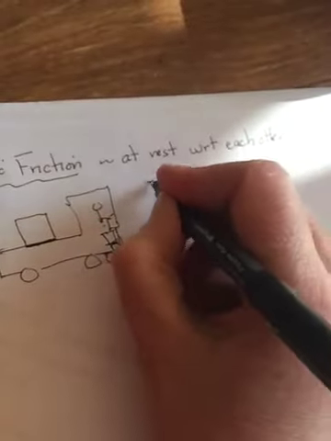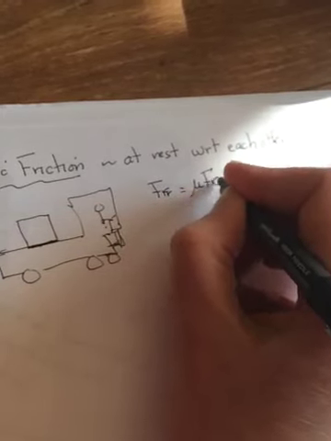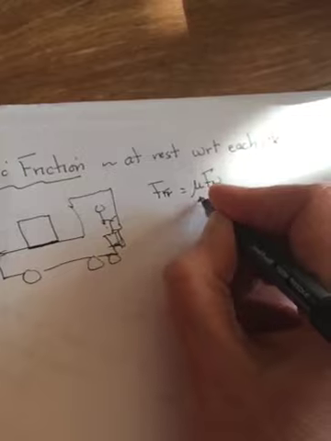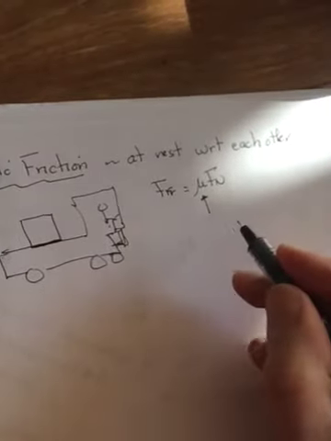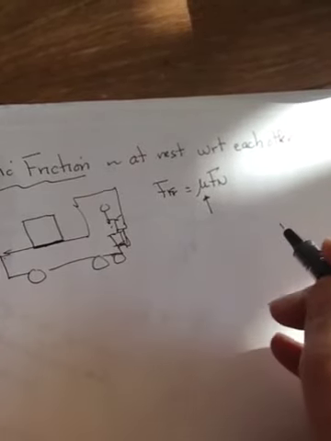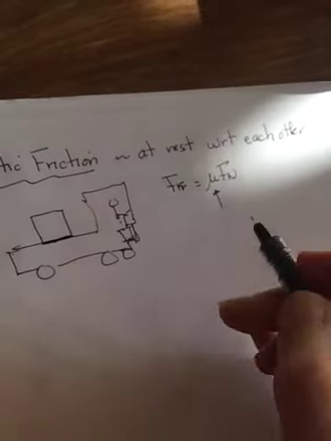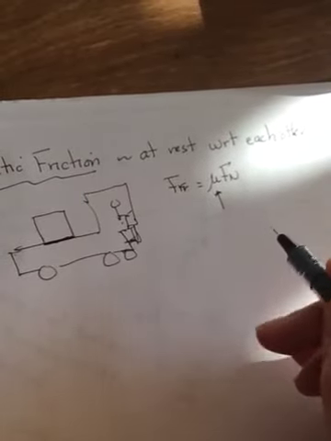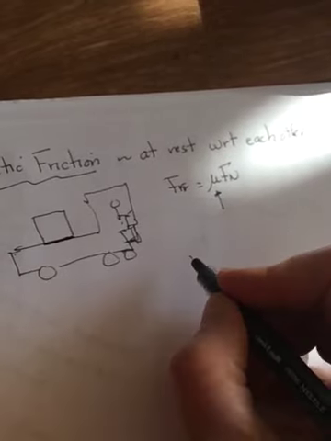It does obey the equation FFR is equal to mu Fn, and it has special values for mu, so you can look them up on a chart. They're the static coefficient of friction. They are always bigger than the kinetic coefficients of friction. It's always harder to get something to move than it is to keep it moving.